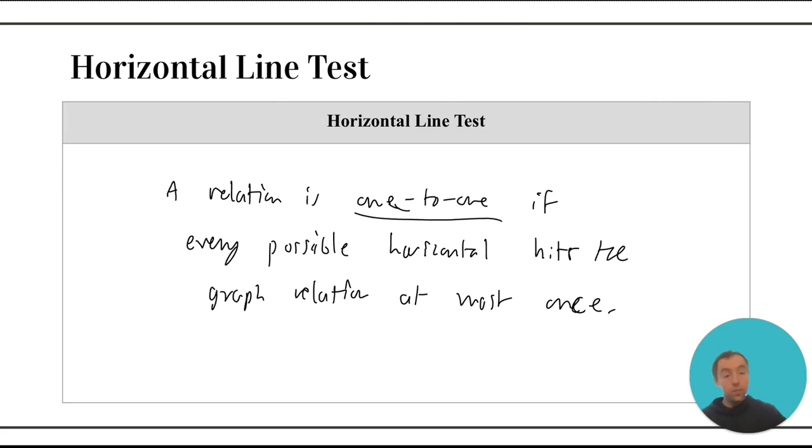Might not hit it. Some certain horizontal lines might never hit the graph, which is okay. You just never want it to hit the graph twice or more.